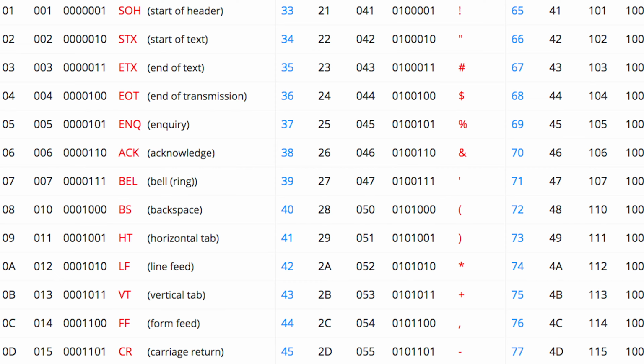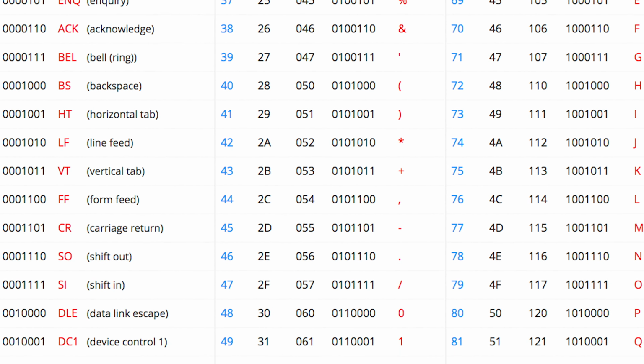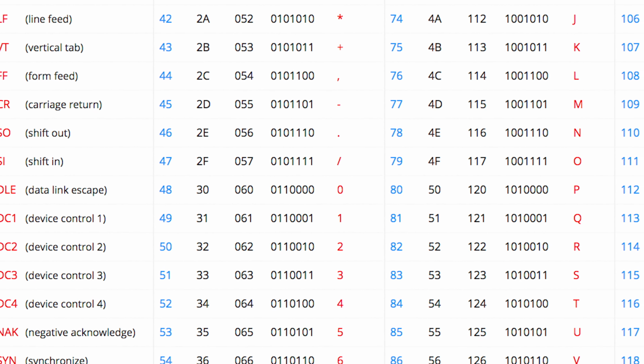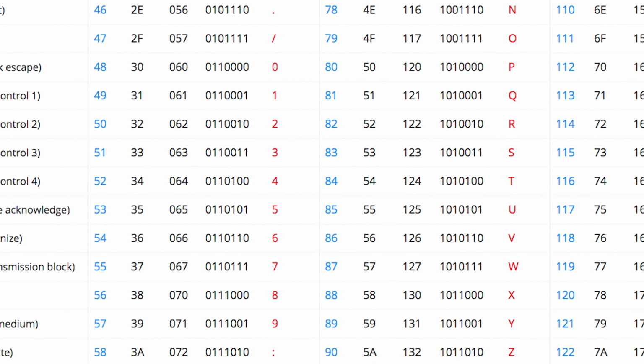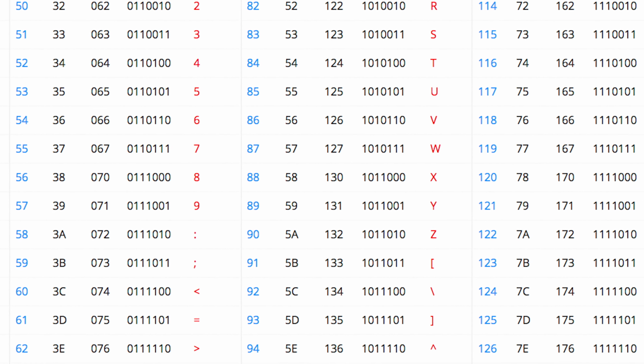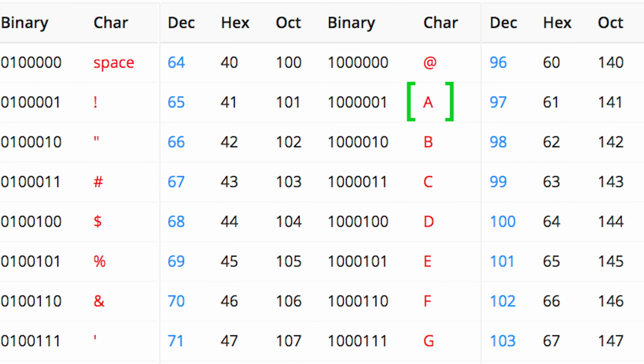And what the ASCII index did was map numerical values to various instructions and symbols, including decimal numbers and the English alphabet, both lowercase and uppercase. For example, an uppercase A is assigned the number 65 in the ASCII index. Represented in a byte of binary, that's 01000001.